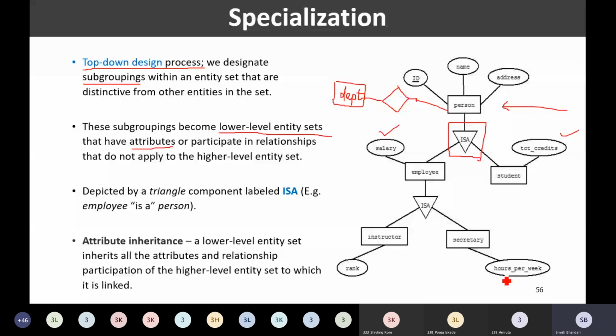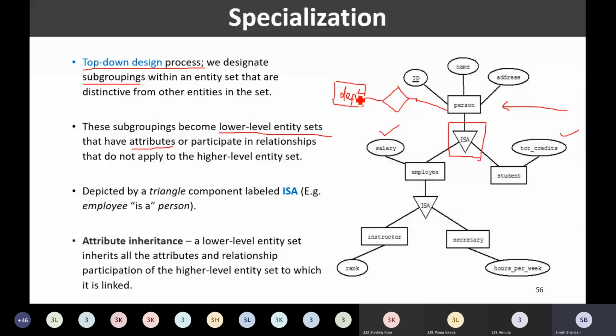Below this person, I have several other lower level entity sets. Similar to how the attributes are inherited by the lower level entity sets, the relationship in which the higher level entity set is participating, obviously these lower level entity sets also participate in that relationship.